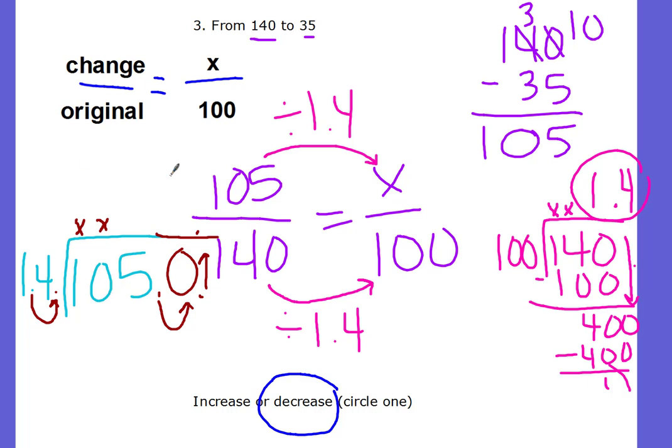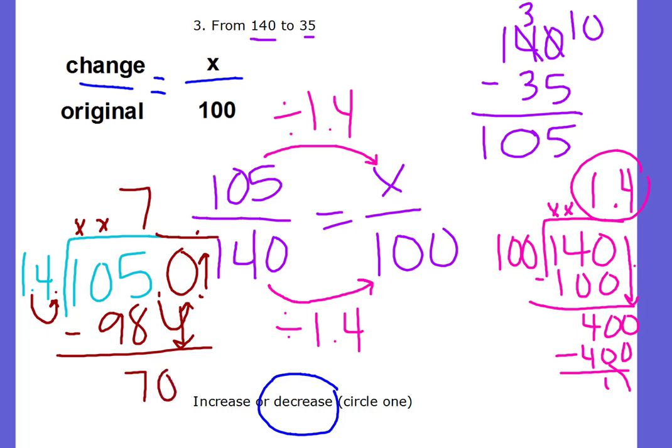105 can be divided by 14 7 times. Because 7 times 14 gives us 98. What is 105 minus 98? That would give us 7, but we still have this extra 0 over here, so let's go ahead and continue dividing.